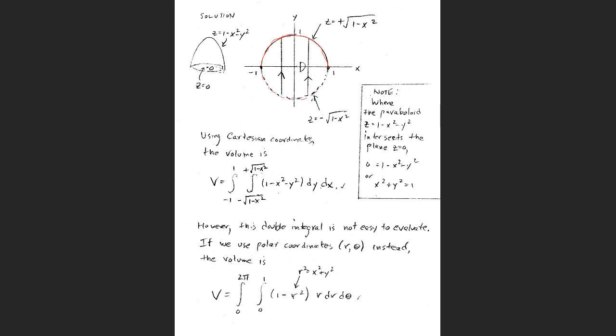Now what I do here, and I'm trying to give you as much context as I can, if we were to use Cartesian coordinates, also known, class, as rectangular coordinates, this would be the volume.